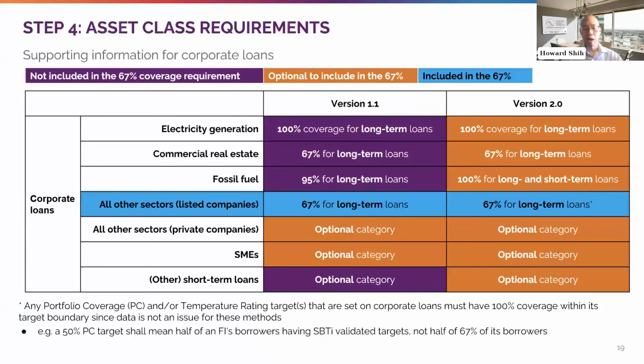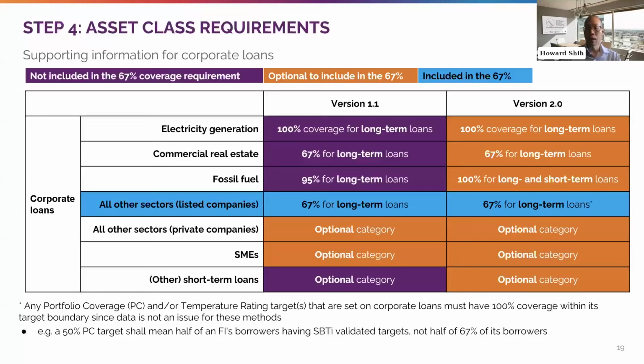So based on feedback from the public consultation and pilot testing, some FIs said that they struggle to achieve the latter 67%, just given the composition of their portfolios. So under version 2, FIs can now include any mix of loans shown here in the calculation of the 67%.